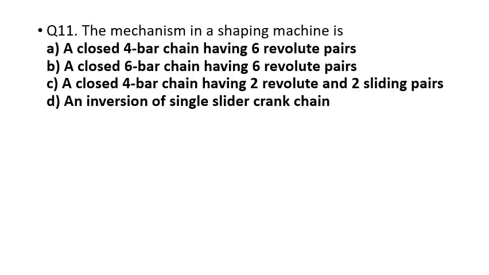Question number 11. The mechanism in a shaping machine is A. A closed 4-bar chain having 6 revolute pairs, B. A closed 6-bar chain having 6 revolute pairs, C. A closed 4-bar chain having 2 revolute and 2 sliding pairs, D. An inversion of single slider crank chain.